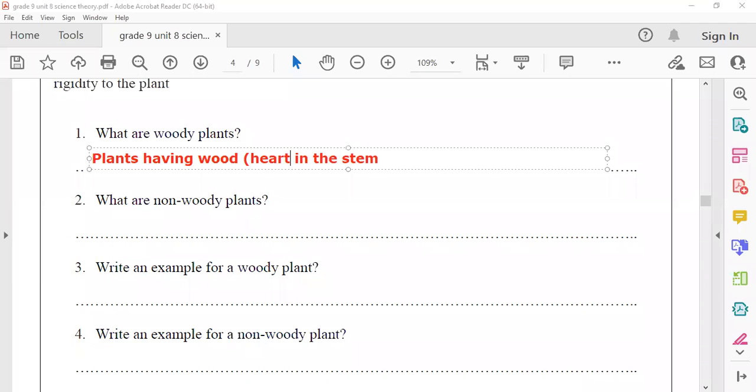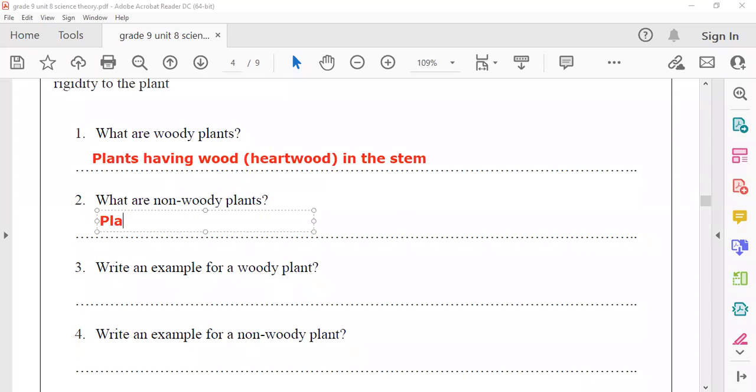Your book says heartwood. Heartwood in the stem. What are non-woody plants? Plants not having wood in the stem.